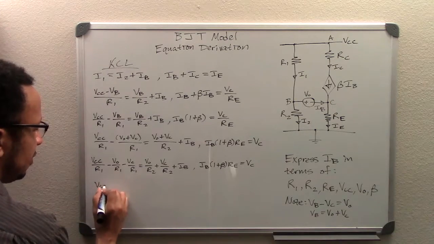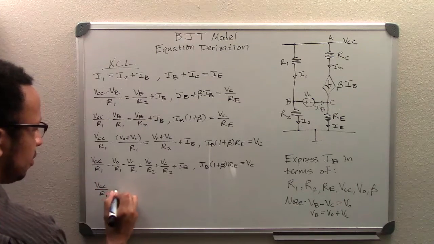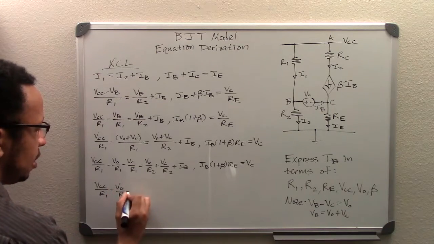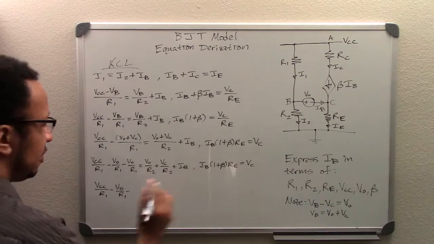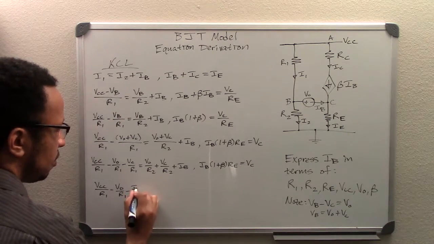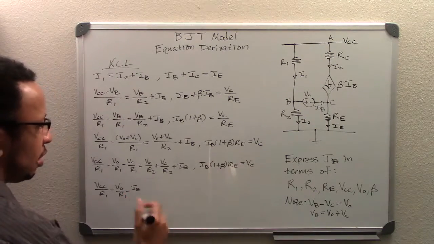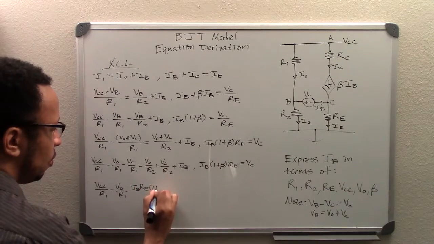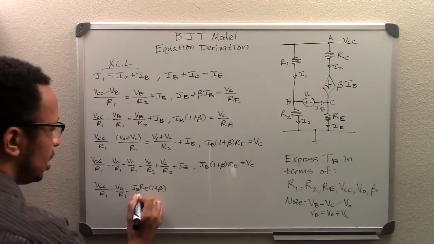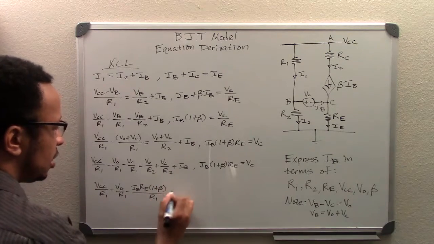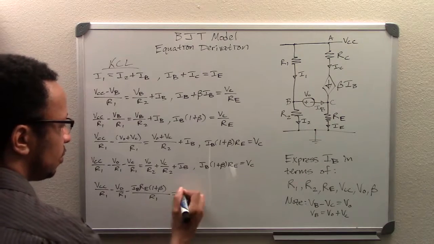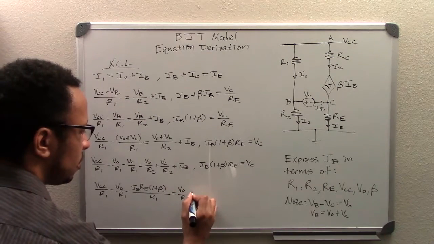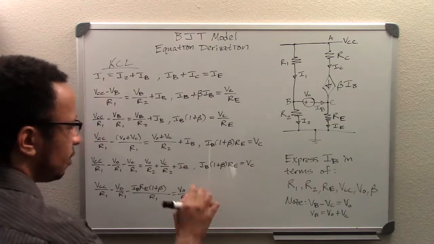Let's make that substitution now. We end up with VCC over R1 minus V sub 0 over R1 minus VC. What is VC? It's IB, and I'll bring RE over to the front: IB RE times 1 plus beta, divided by R1. And that's equal to V sub 0 over R2 plus VC again.